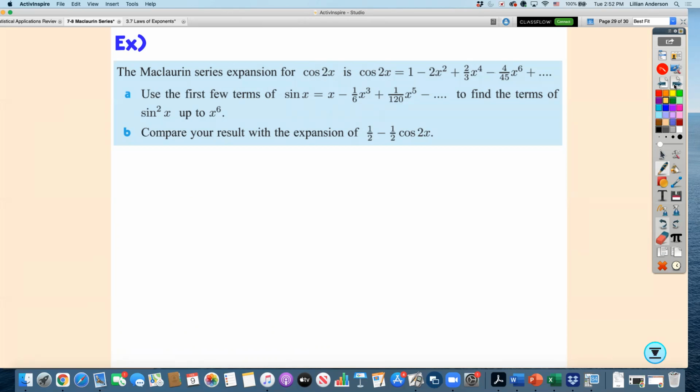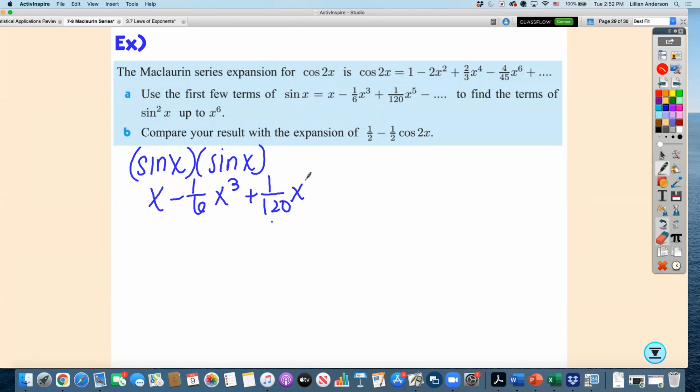So when you are multiplying, it says use the first few terms of sine x to find sine squared x up to x to the 6th. Sine squared x is nothing but sine x times sine x. So that means you're going to take the series and you're going to multiply terms together.